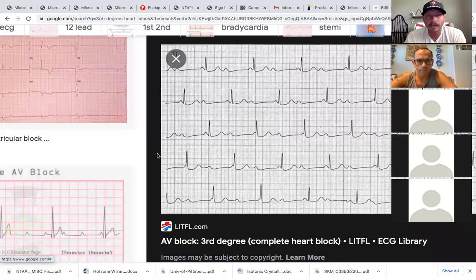And then I start looking at my PR intervals. Okay, here's one. Here's another. There's another. And as I move along, are the PR intervals changing? They are, right? So I've got a changing PR interval.